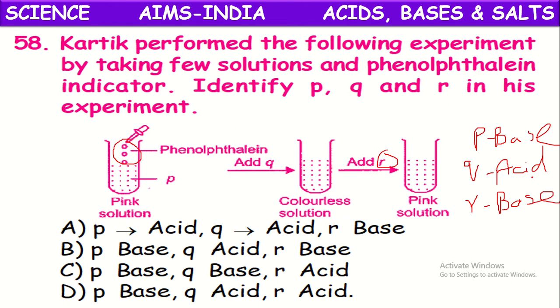So Q is an acid. And again by the addition of R, the solution became pink, so R is a base, because phenolphthalein shows pink color with it. Now see: base, acid, base. Got it?